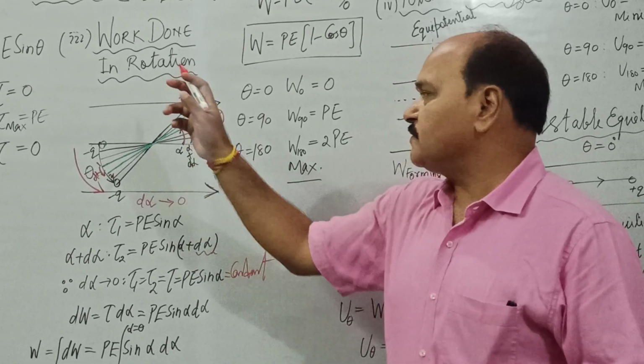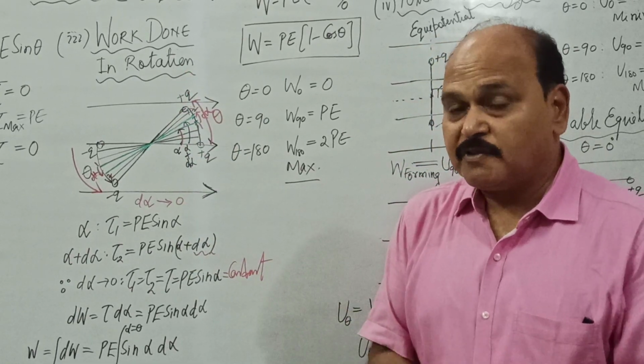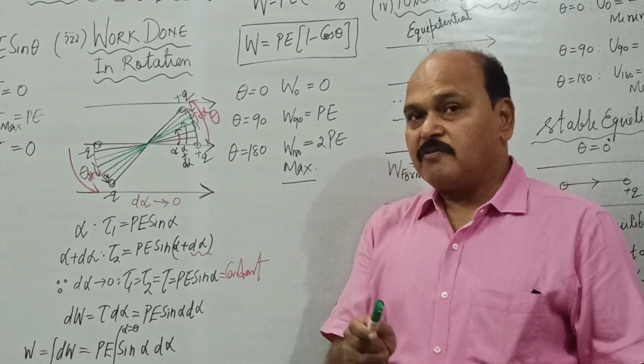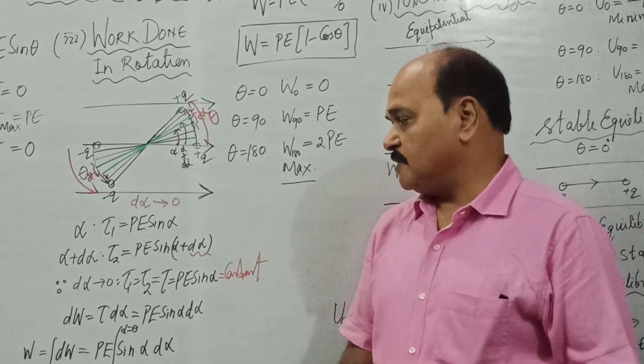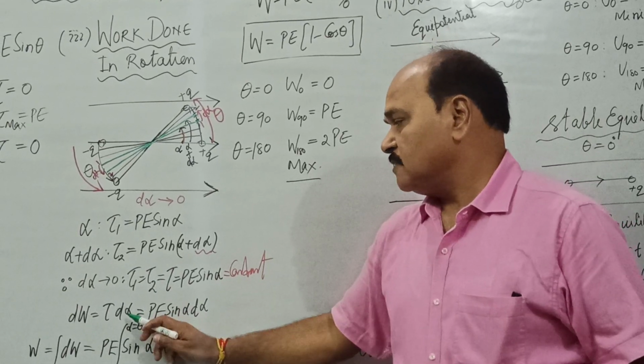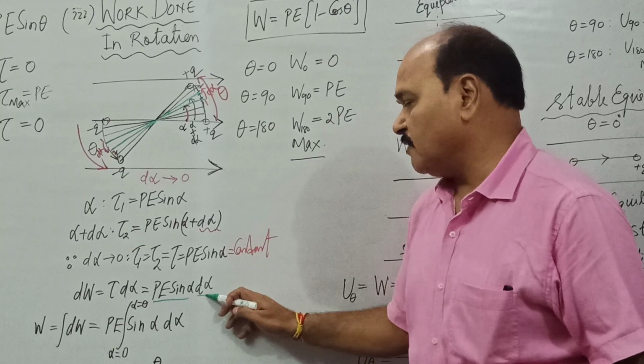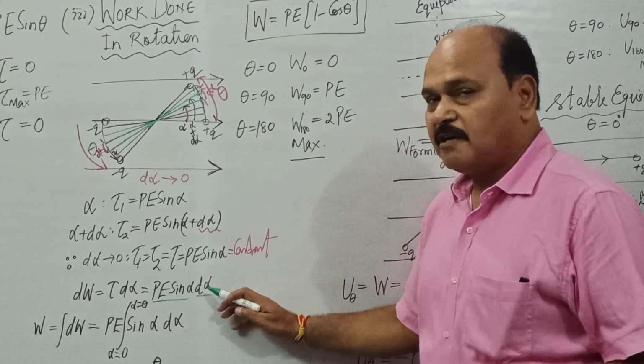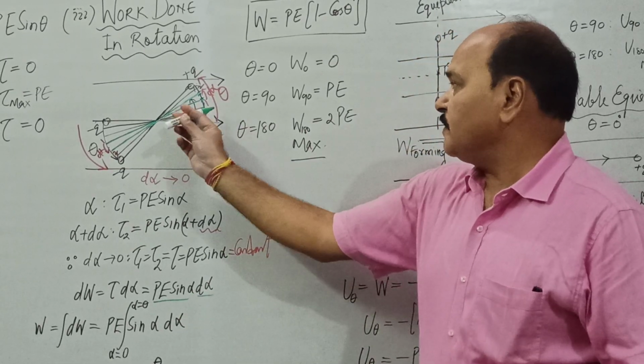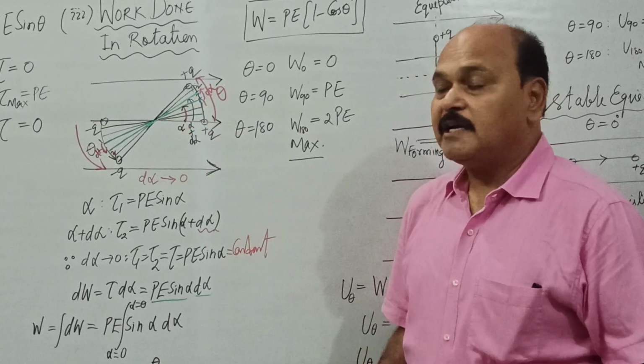What is work done for this very small displacement? It is the product of torque and angular displacement. The torque is Pe sin alpha and the angular displacement is d alpha. So Pe sin alpha d alpha is the work done for this very small angular displacement.